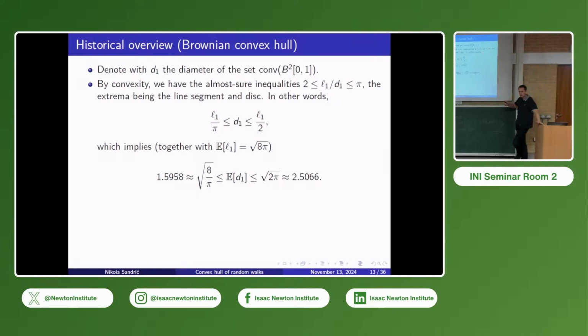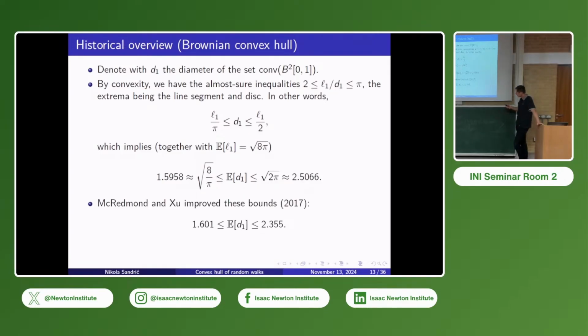The smallest one is the line segment, because the perimeter goes one direction and back, so it's 2 times the diameter, right? So from this relation and this fact here, we easily conclude upper and lower bounds for this object.